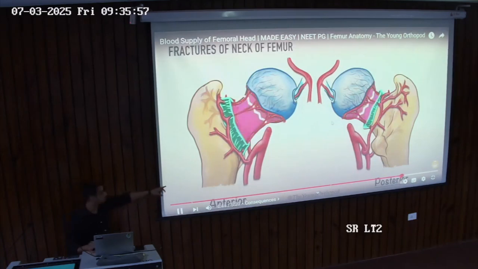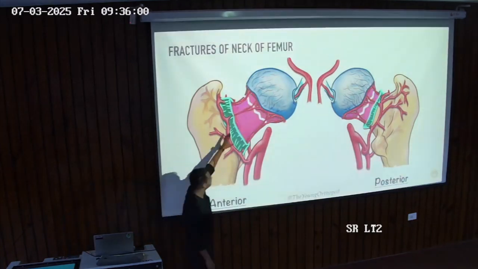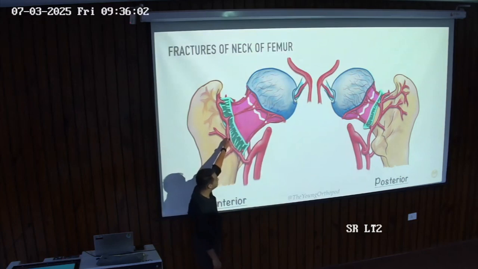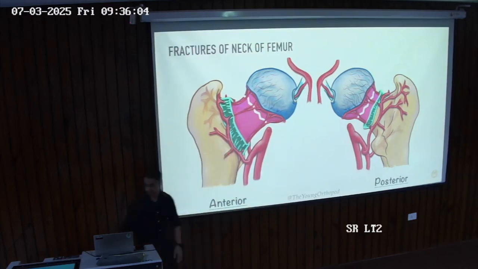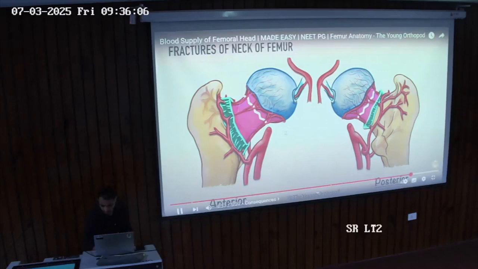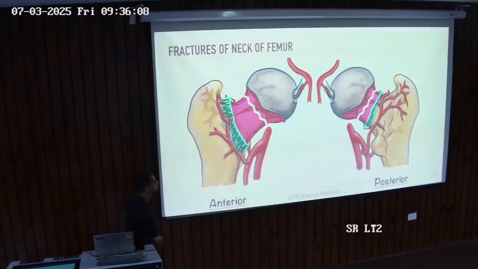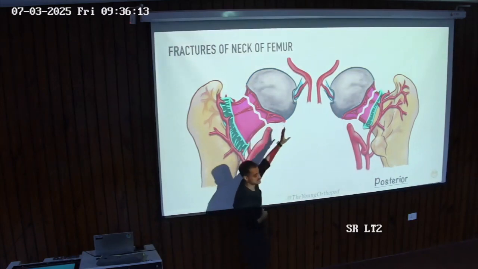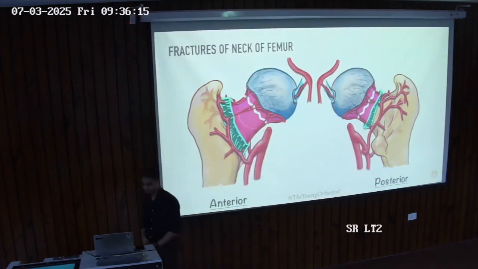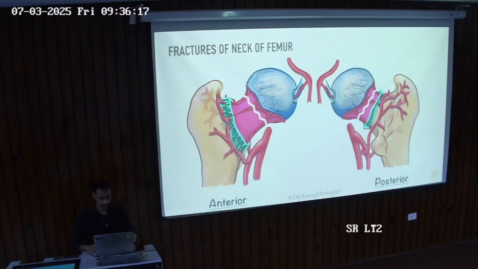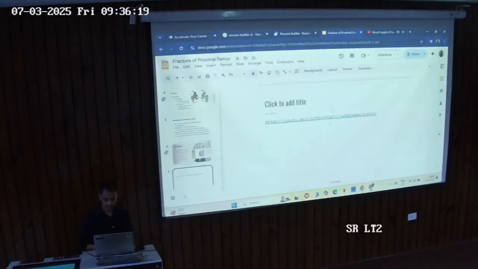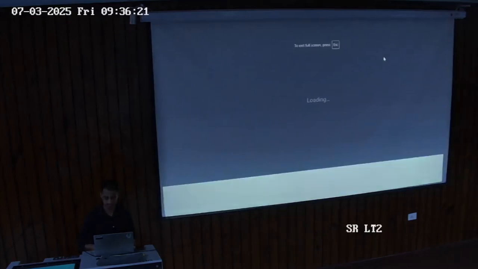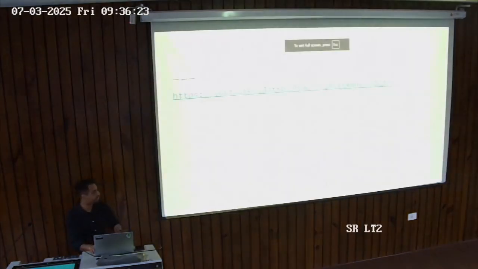Now it is showing if the fracture happens here. This is the fracture. The blood supply is hampered to the head. Yeah, the blood supply is hampered. Now this is going into the head. Okay, clear blood supply.